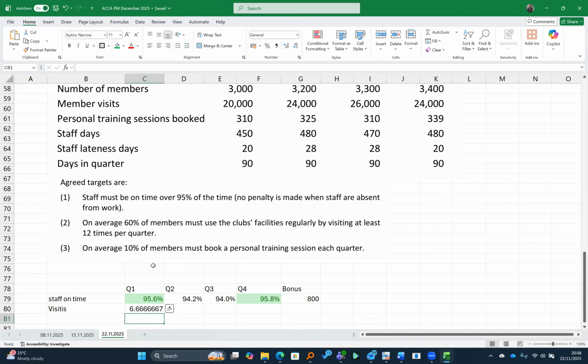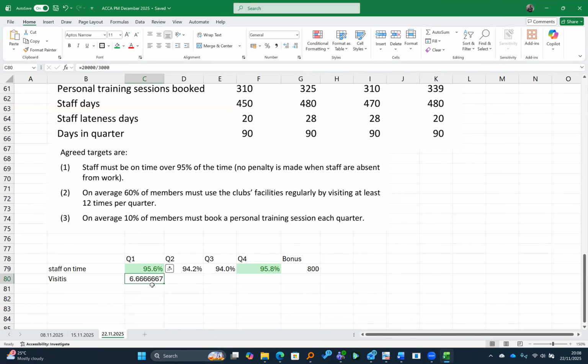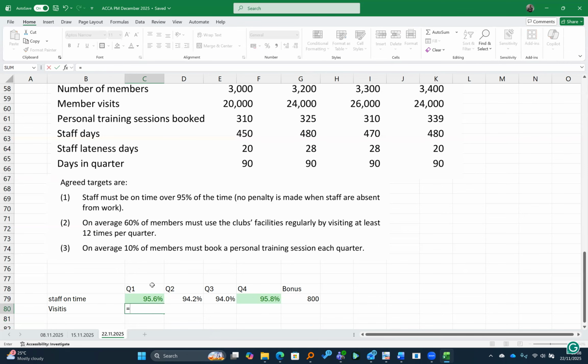Okay, so of these members, if you do 60% of the 3,000 members, if they each visit 12 times, how many do you reach? Because here you can see this is showing you it's not reaching, but if you do it like this and say 60% of the 3,000, if they visited 12 times, that would make 21,600 visits.